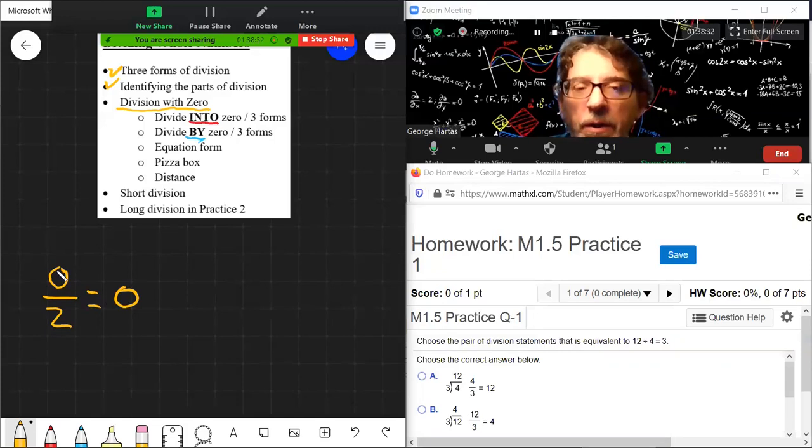Yeah, look, there's our answer. So that verifies. 2 times 0 is 0. So this absolutely does make a lot of sense. So when the 0 is on top, the answer is 0. Because when you multiply the denominator times the answer, you get 0 as the result. So yes, this makes complete sense.